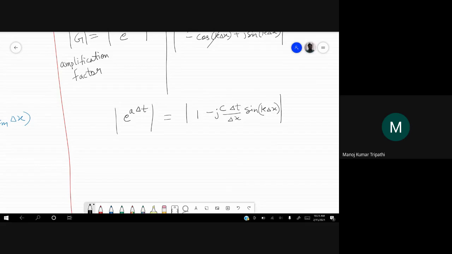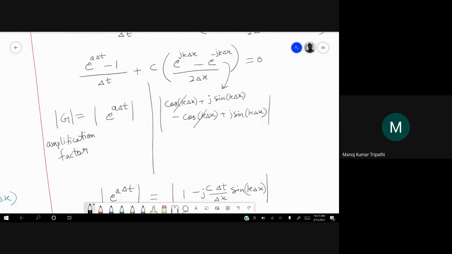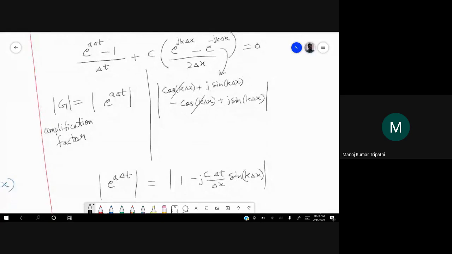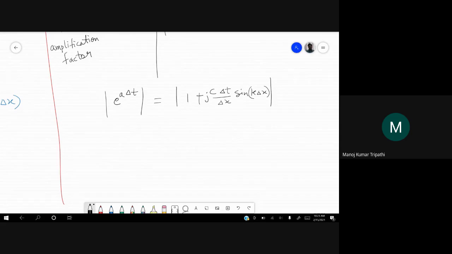When you take it to the right hand side, it becomes plus. So this is a plus here. Okay, so that answer was correct.